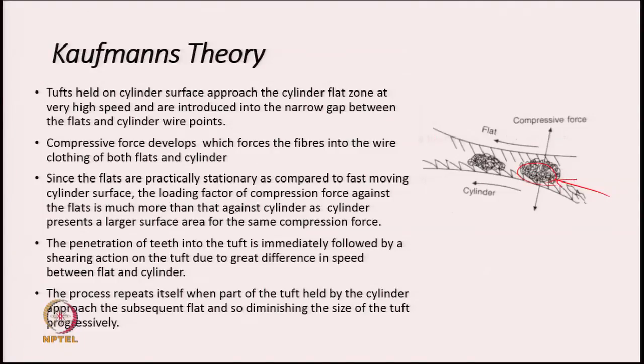This tuft is coming from this side, because it is sitting on the cylinder, and as soon as it comes near the cylinder flat zone, the lofty tuft is forced into a narrow zone, and as soon as it enters this zone, compressive force will develop on the tuft, which will force the fibers into the wire clothing of both flat and cylinder. Therefore, the tuft will get into the wire points of flat and also the wire points of the cylinder.